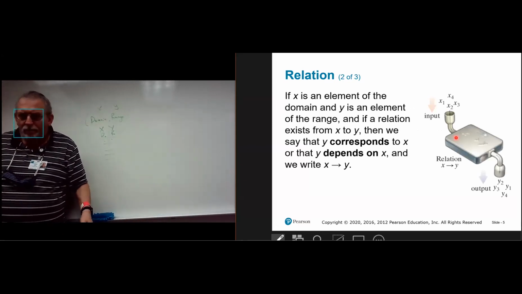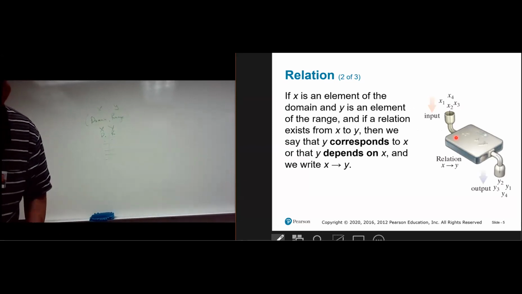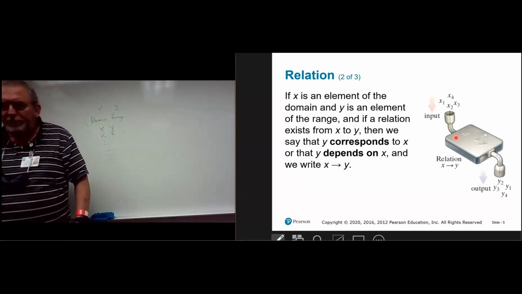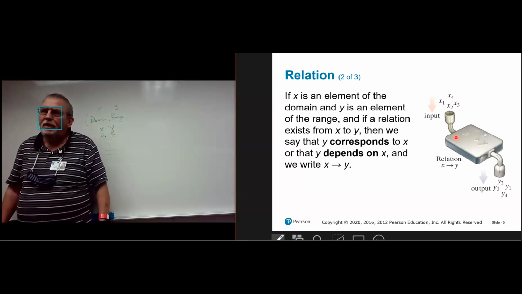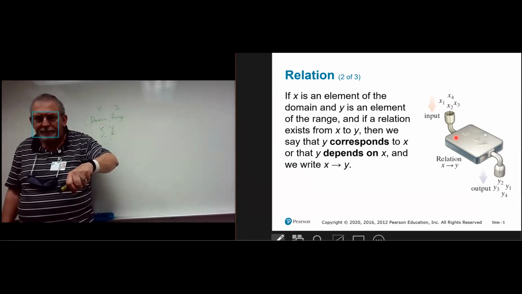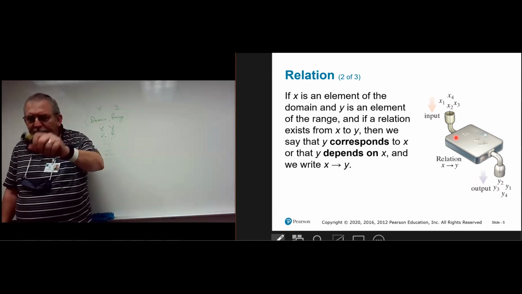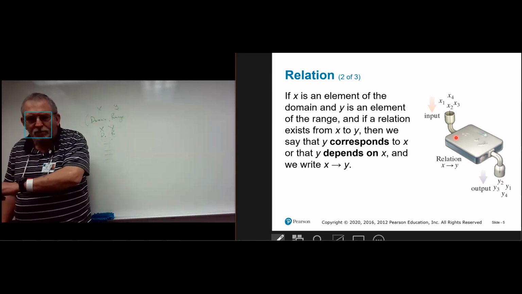Now, this model here that they show is more appropriate for functions. Because you put a number in, that's the domain. The domains are the numbers you put into the machine, and the numbers you get out of it are the Y values, the range.